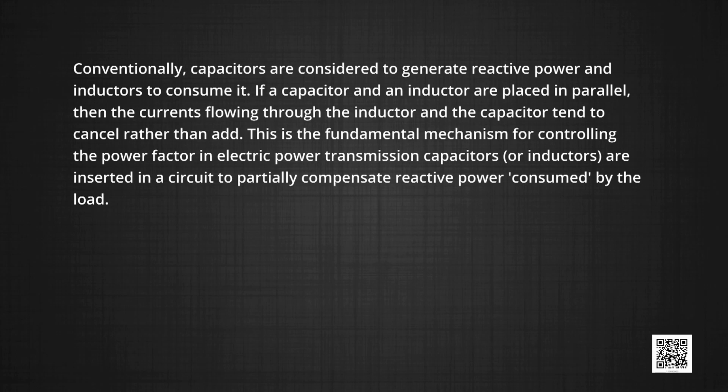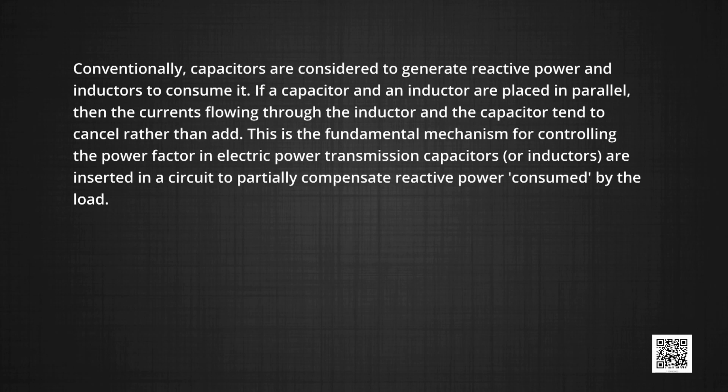Conventionally, capacitors are considered to generate reactive power and inductors to consume it. If a capacitor and an inductor are placed in parallel, then the currents flowing through the inductor and the capacitor tend to cancel rather than add. This is the fundamental mechanism for controlling the power factor in electric power transmission.